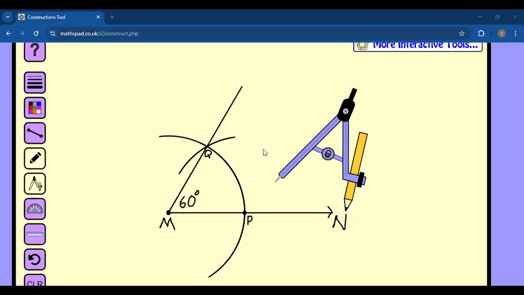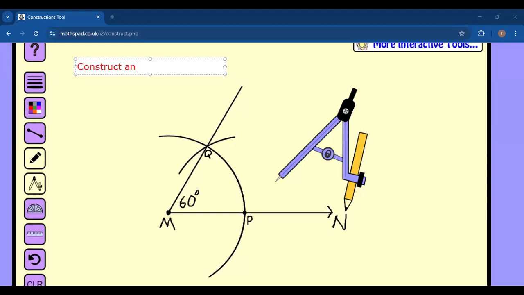So let me put on the heading. I'm going to say construct. Nakaria, the other lines you need to erase.